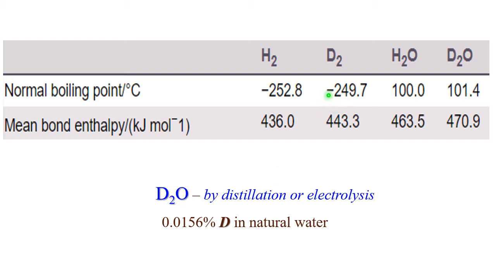The reason is that boiling point of heavy water, D2O, is slightly higher than usual water. So by fractional distillation, you can obtain D2O of very high purity. The same is true for electrolysis.